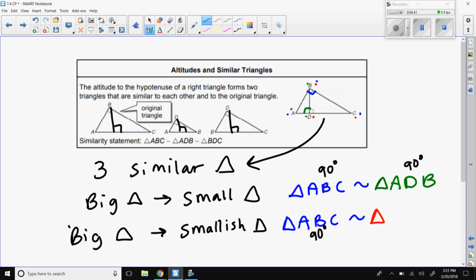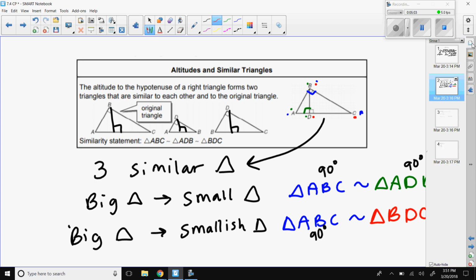C has both red and blue, so it's going to be DC, which means B must go here to match that small-ish triangle.